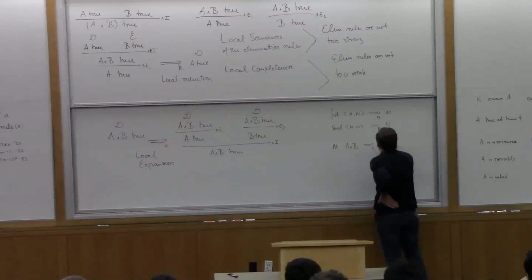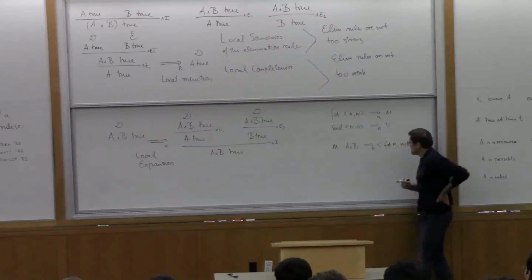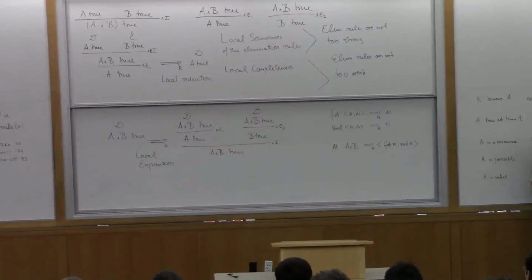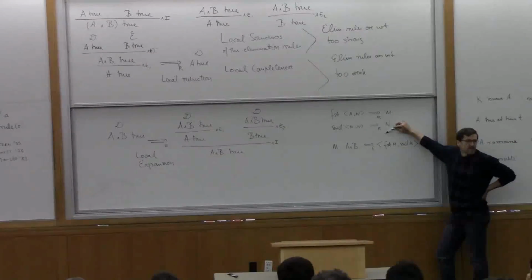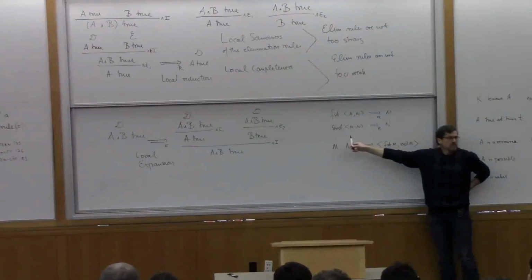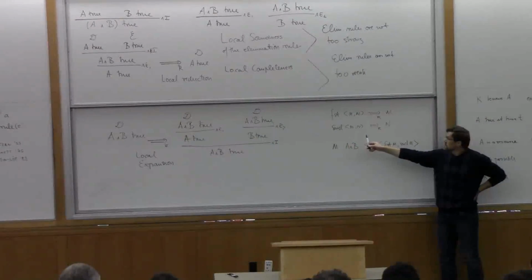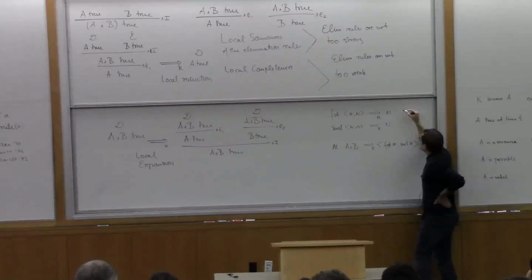Right, it's a pair of first of m, second of m. So the first part is related to the notion of computation because these local reductions actually form the basis for the computations in your programming languages, because you take the first or second component of a pair. So these are computation rules.